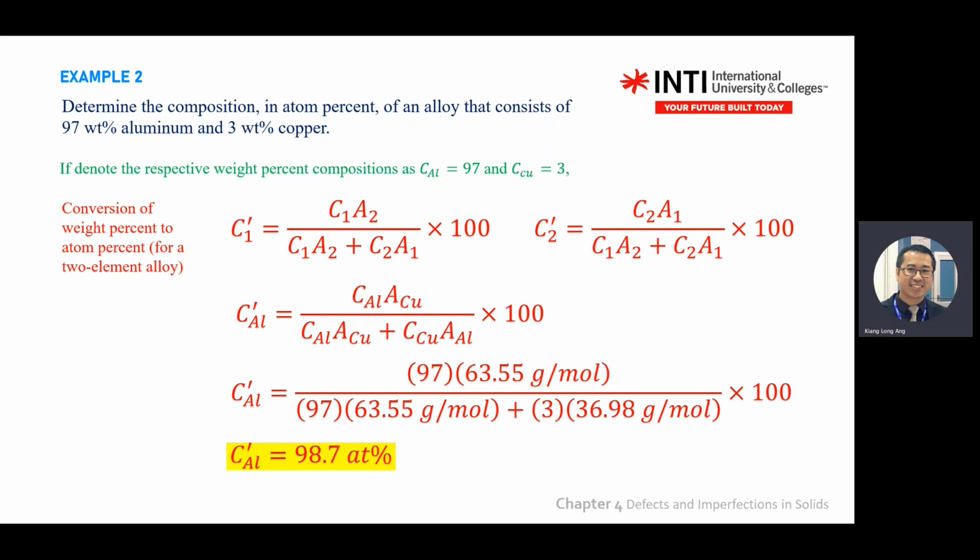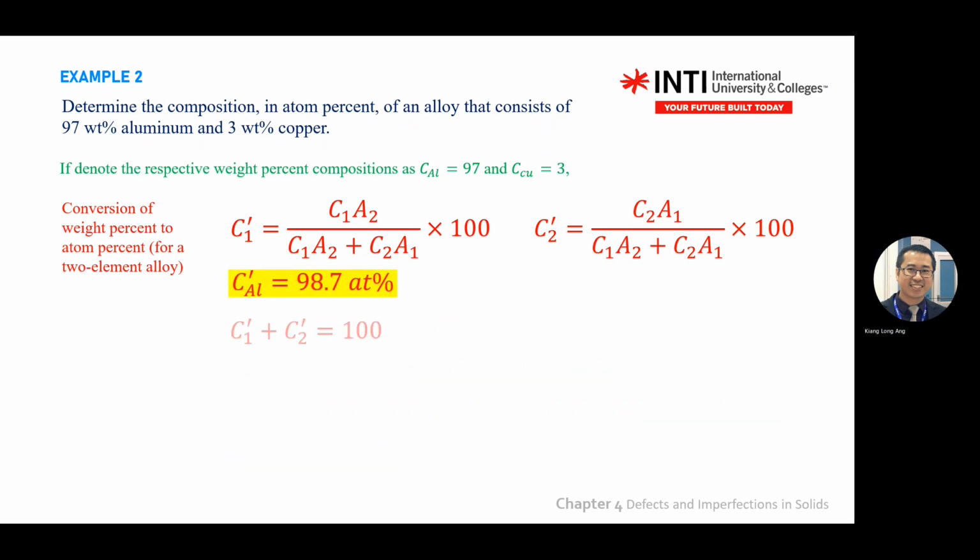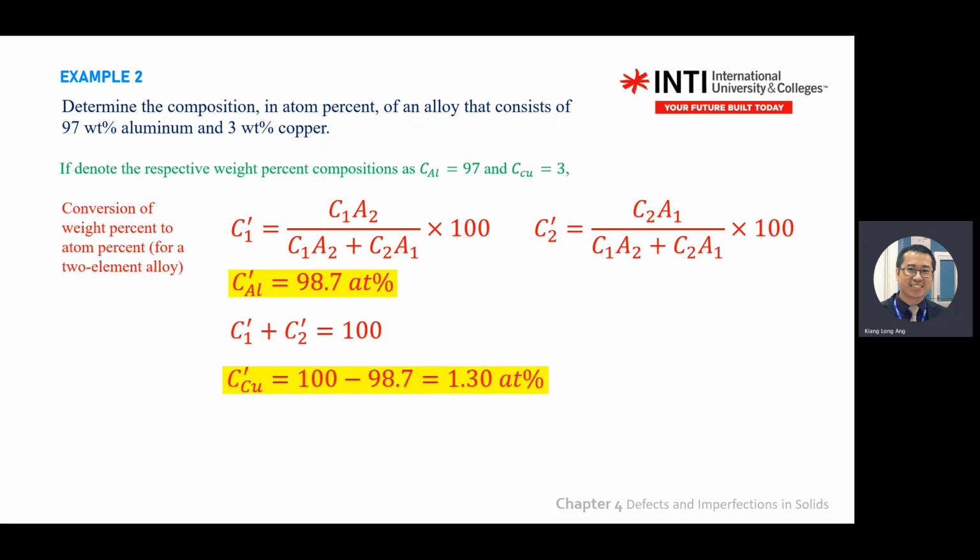You have aluminium already. 1.3%. You can prove it by substituting the same way, you still get 1.3. Both steps give you the same marks. You can do the long step, or you can just take 100 and get the answer.